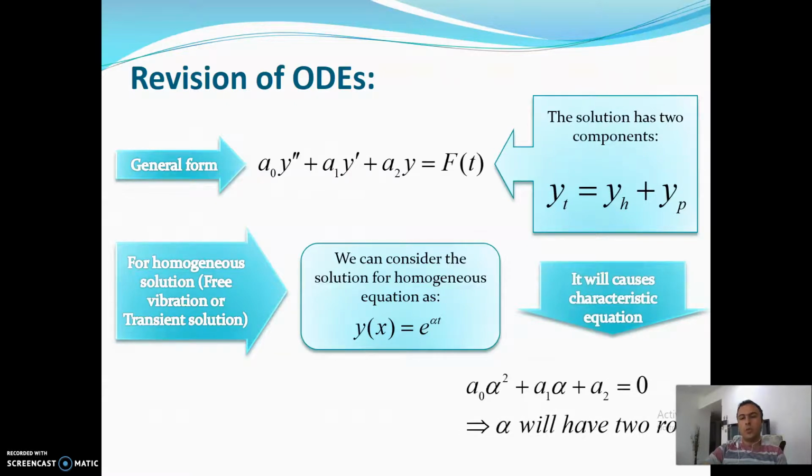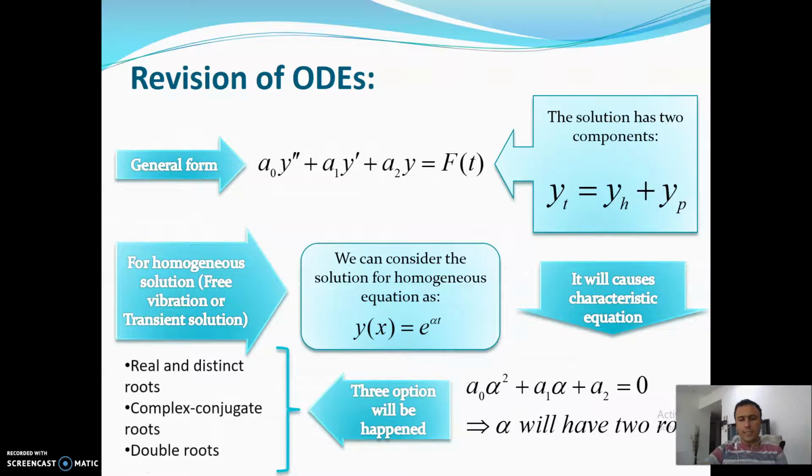The characteristic equation for this general form is a0 alpha squared plus a1 alpha plus a2 is equal to 0, and we consider that f(t) is 0 to find the homogeneous response. So this is an algebraic equation of order 2, so it will have two roots, and according to the values of a0, a1 and a2, we can have three different cases.